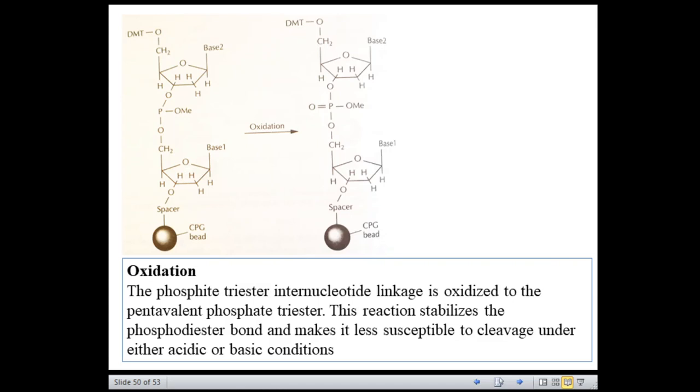To achieve a reasonable yield, because yield is an important factor when we synthesize a molecule, the main step here is coupling. So we refer to the yield in terms of the efficiency of coupling.